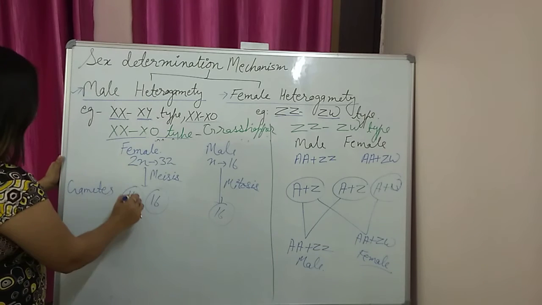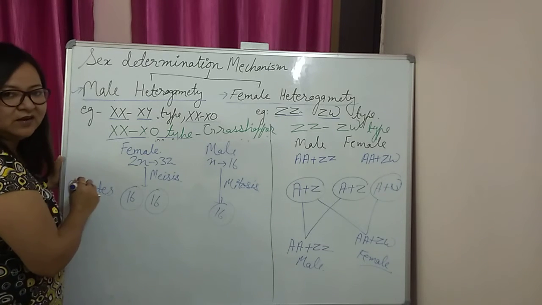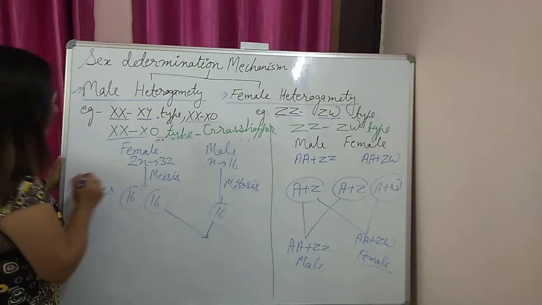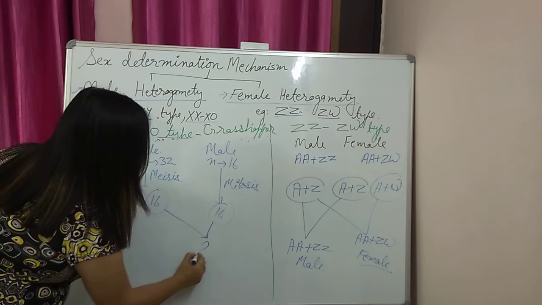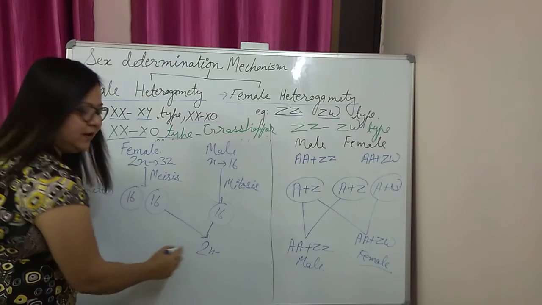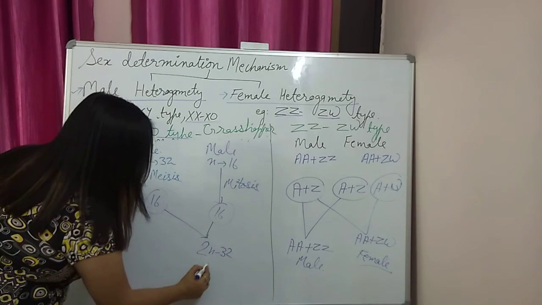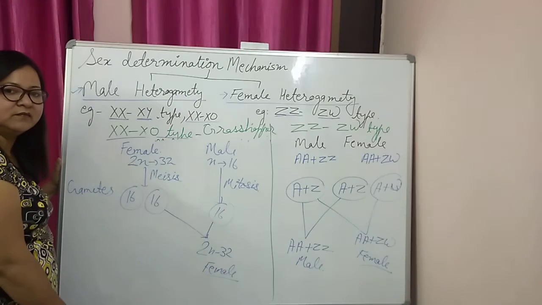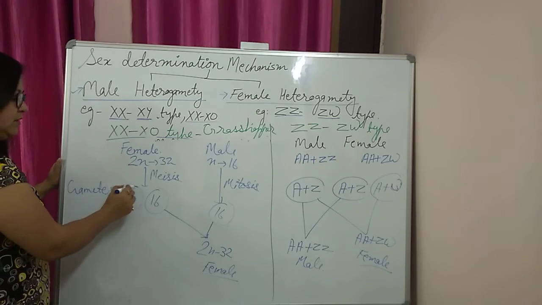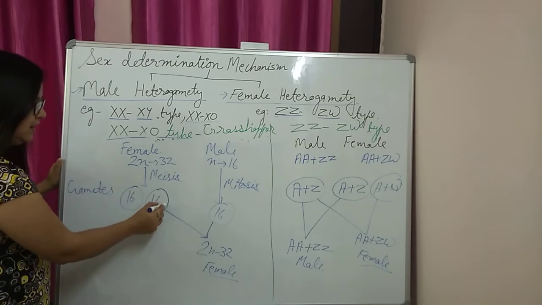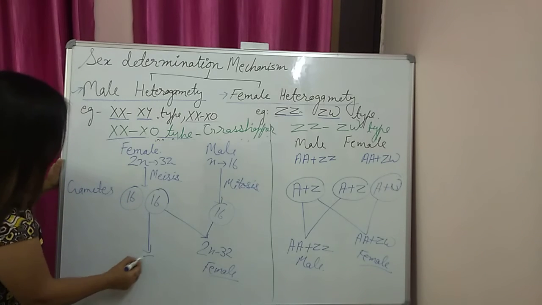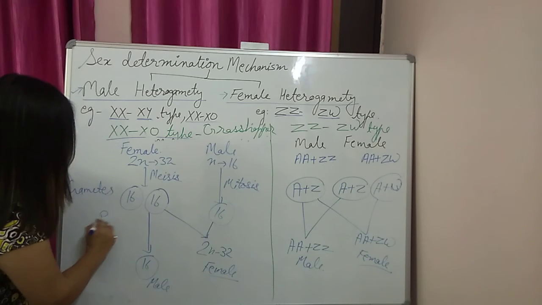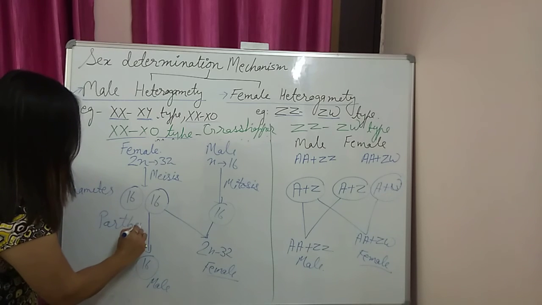Now, in the case of female formation, that is a queen, there is the process of fertilization. The male gamete fuses with the female gamete and the condition again becomes diploid, that is 2n or 32, and it forms a female, that is a queen. But in some cases, the female gamete directly develops into an organism and forms a male by the process of parthenogenesis.